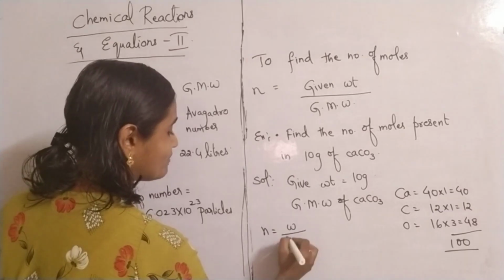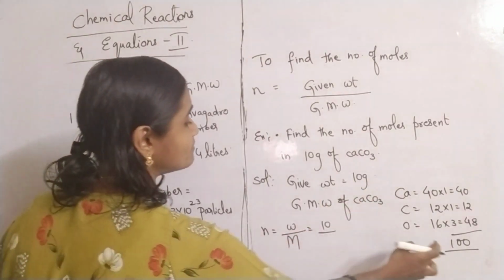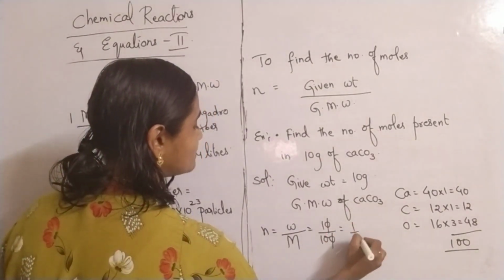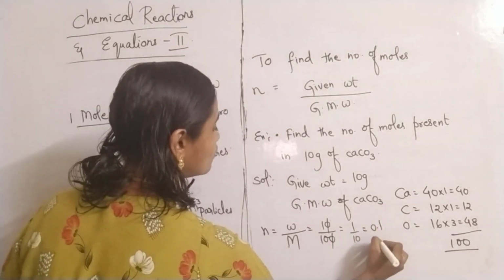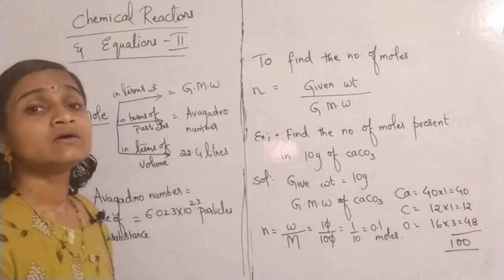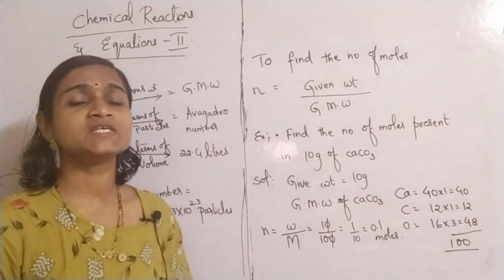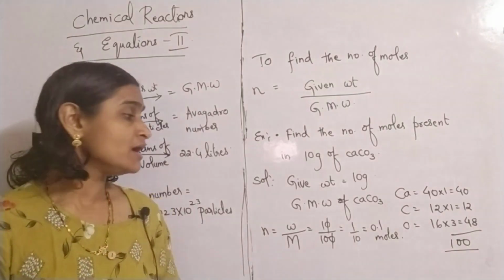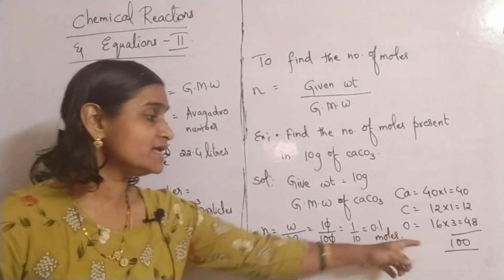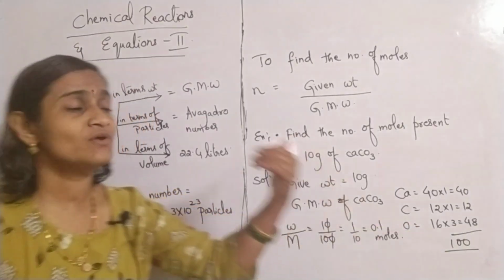So the number of moles, n, is equal to small w by capital M. Here small w is given as 10, and capital M, the molar mass, we got as 100. So the answer is 1 by 10, that means 0.1 moles. 10 grams of CaCO3 means 0.1 moles. 100 grams of CaCO3 means 1 mole. 100 is the gram molecular weight of calcium carbonate.